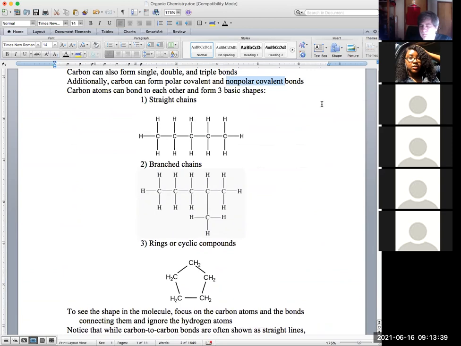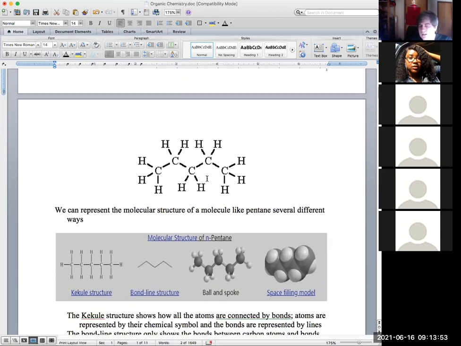Now, even though a lot of times this is the easiest way to draw a molecule, we want to keep in mind that if we're thinking about two of the hydrogens in here, notice that two hydrogens attached to a carbon aren't really directly across from each other. They're at an angle.